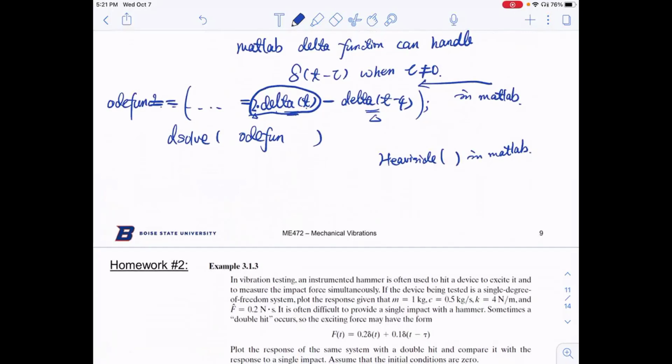So you remember the integration of delta t is 1, right? Correct. Actually there's another function that corresponds to this integration. It's called the Heaviside function. You can search for this in MATLAB. That's the name of the function. What it does is, if it's Heaviside t with no time lag, this function before time 0 is all 0, and then after time equals 0 it is all 1.